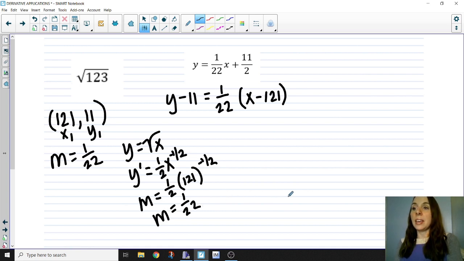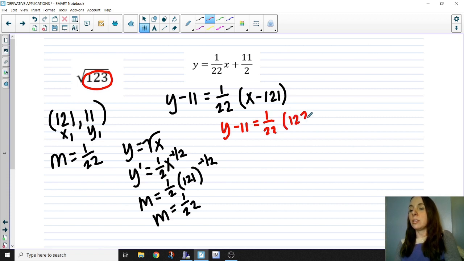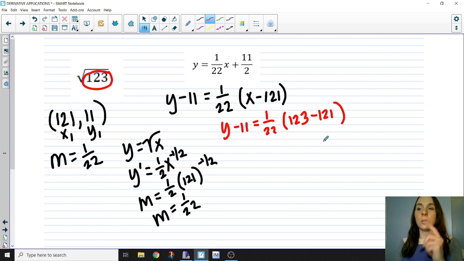Now, if we take this point slope linear equation and we sub 123 in for this x, you might as well say you are taking the square root of 123. Because doing the calculations needed here to solve for y is going to give you the square root of 123, accurate to the nearest tenth at least.